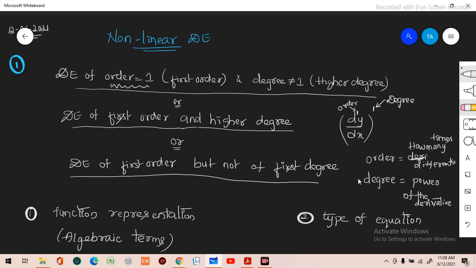Order remains the same, that means dy by dx will be there, but the power of dy by dx is not equal to 1. So I am writing over here dy by dx whole to the power, and this power is not equal to 1. We will learn about that. Is it fine, guys?